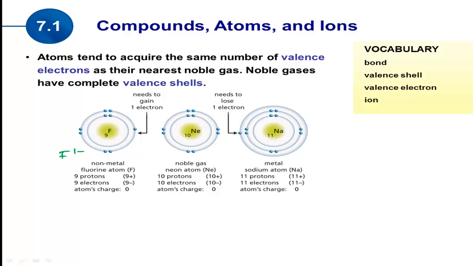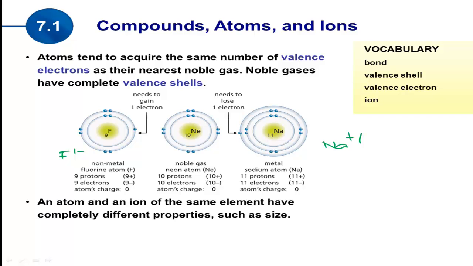Sodium, on the other hand, notice it has 1 electron in its outer shell, 1 valence electron. So to become stable like its nearest noble gas, neon, it's got to lose that electron. And if you lose something negative like an electron, sodium is going to become a positive ion, Na+1. Right. So an atom and an ion of the same element have completely different properties. And the property difference here is going to be the size.